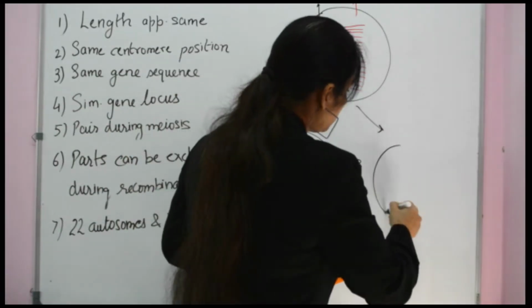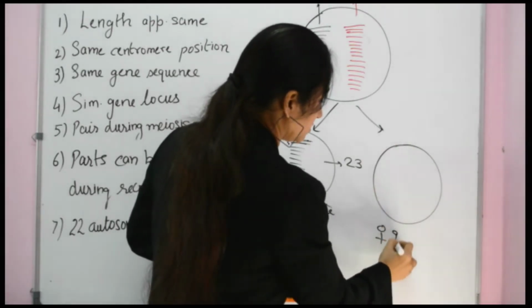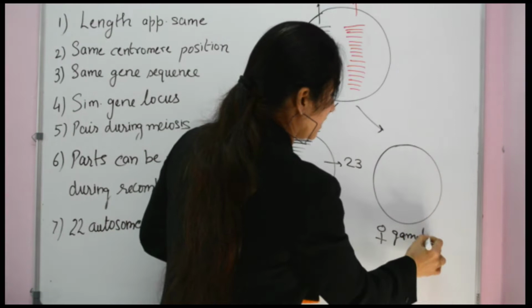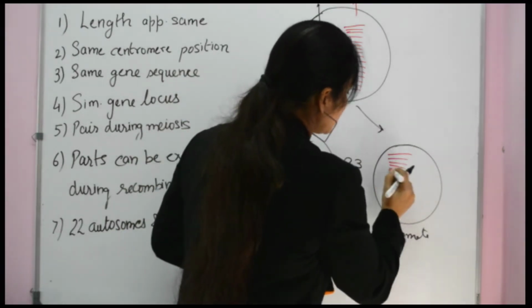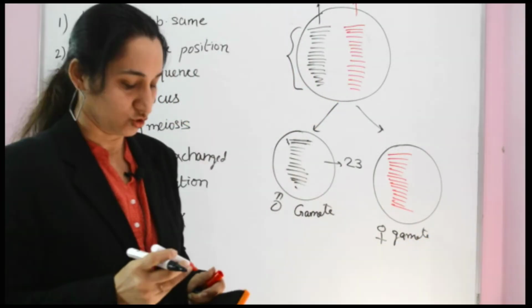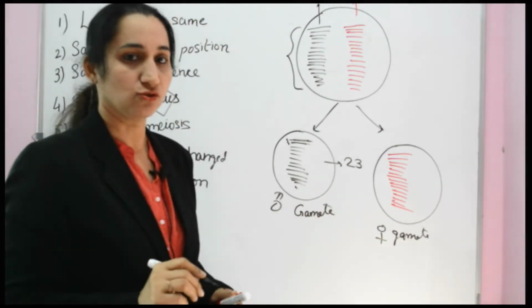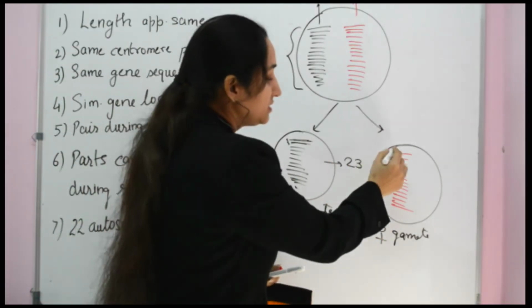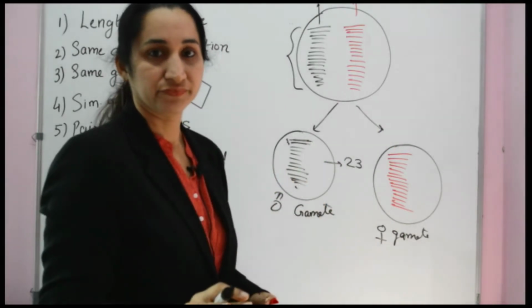Now suppose this is a female gamete, meaning either an egg or ovum, right? Again this has a set of 23 chromosomes, not 23 sets of chromosomes, and these chromosomes don't match with each other at all.